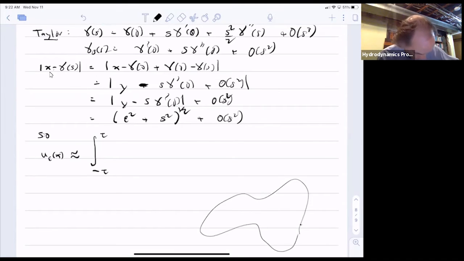I'm looking at a point here. I want to integrate over a section of the curve near the point in question, and then I want to ignore the rest. So I'm doing Taylor approximations. I want to stay nearby. So I'll integrate over an interval of length 2 tau.